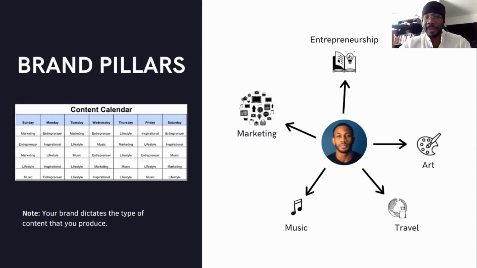Now, you can see my brand pillar on the right. For my Adrian Barrin brand, which is music marketing, I show people that I'm an entrepreneur, that I like art, that I like traveling, that I'm also into music, and that I'm a marketer. Now, the chart on the left, you'll see that it's a calendar. Every single day of the week, I post content that revolves around my brand pillars.